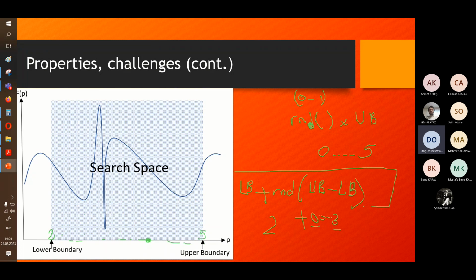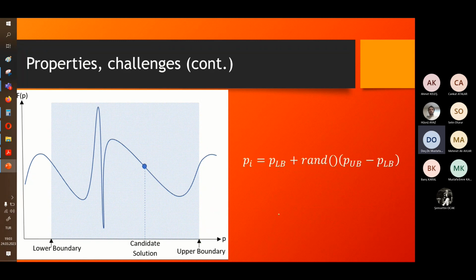So that formula will produce me a number between the lower boundary and upper boundary. Okay, I just finalized it. The upper boundary of P minus the lower boundary of P, multiply it with random and add it to the lower boundary of P. Let's say 8 and let's say 10.